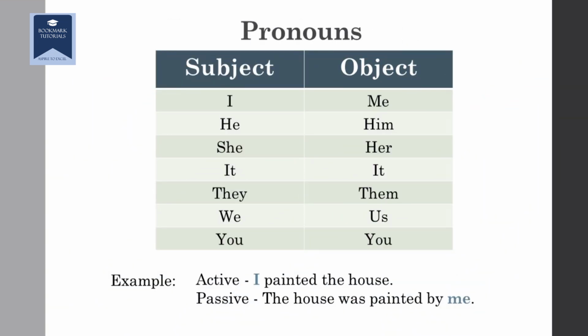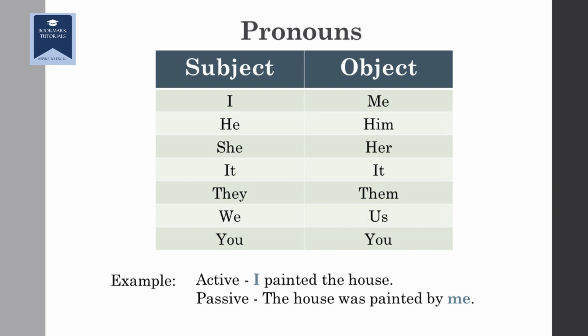We need to remember that the pronouns change their form in active and passive voice. Here I have given a chart of subject and object pronouns, and let's see how the change in voice affects the pronouns with this example. I painted the house.